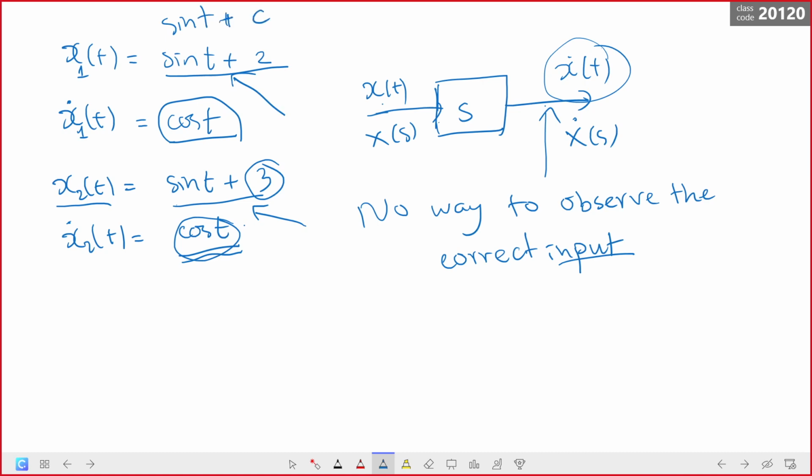We don't know. We cannot observe. So it's called not proper system. And you look at here, the degree of numerator is greater than the degree of denominator. So degree here is s power 0, here is s power 1, right?